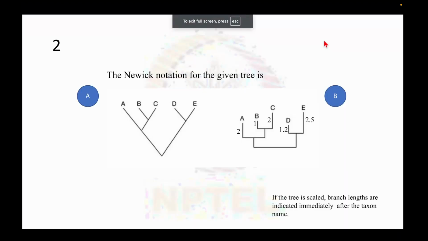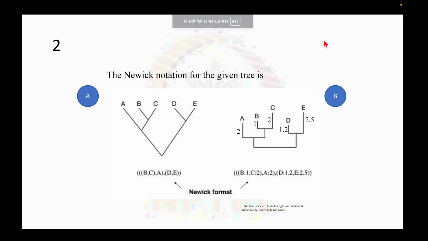When you have the scales or evolutionary distances given, you add them as shown.